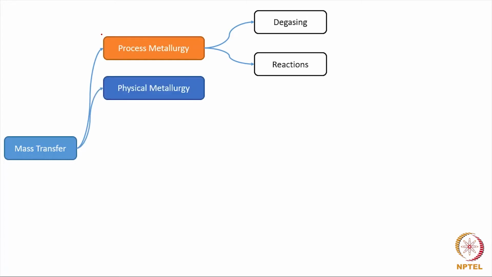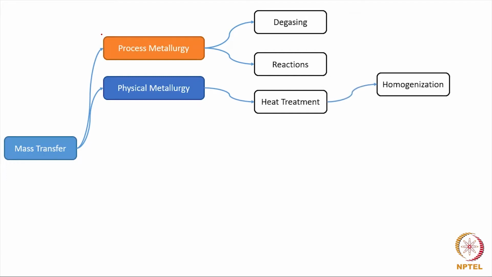In physical metallurgy, we have mass transfer appearing thanks to the diffusion process that is inherent, and in heat treatment it is very common. And in heat treatment you have homogenization that is very important, particularly in multi-component alloys, where the temperature choice and the amount of time etc. are quite critical, and that's basically a mass transfer problem.